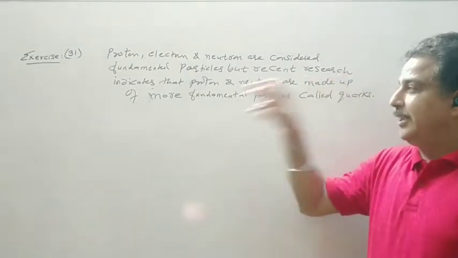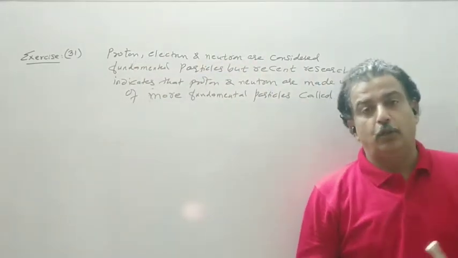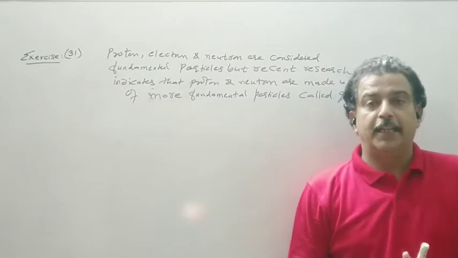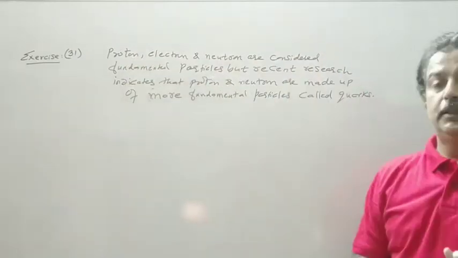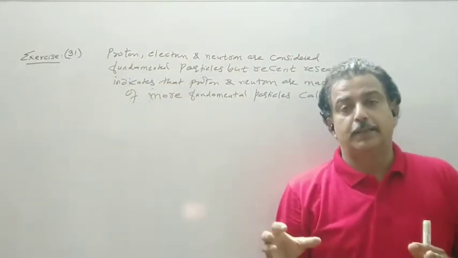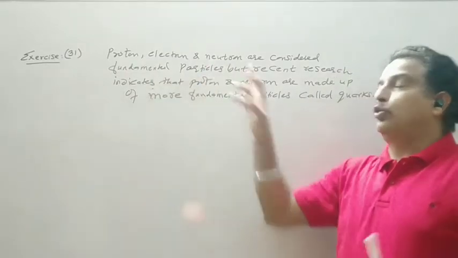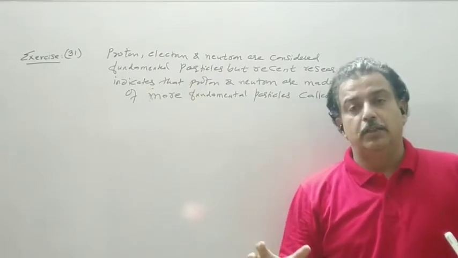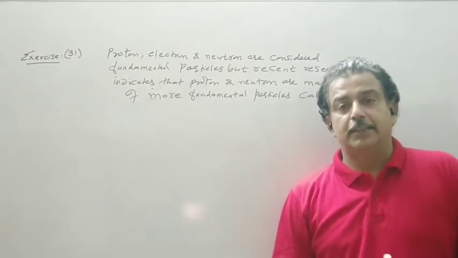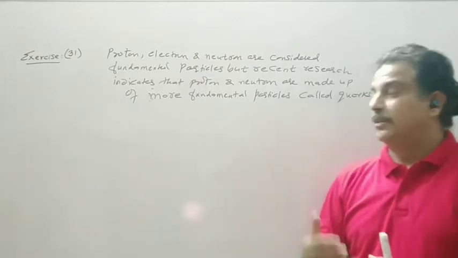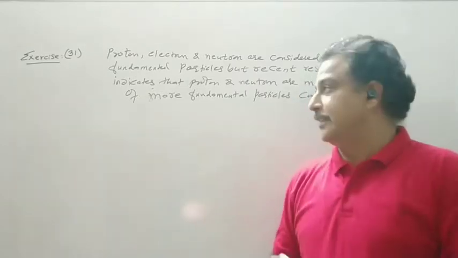So it is known now that the proton and neutron are made up of quarks. Now recent theory suggests that there are 6 types of quark, but the proton and neutron are made up of the quarks known as up quark and down quark. So as far as proton and neutron are concerned, we are taking 2 types of quark, up quark and down quark. However, recent theory states there are 6 types of quark, so the remaining 4 types you find out, it is left as an exercise.